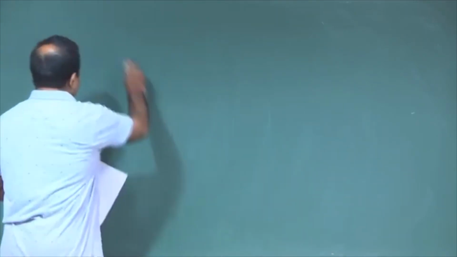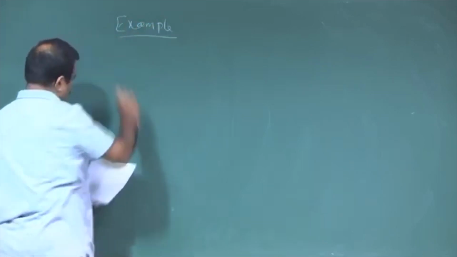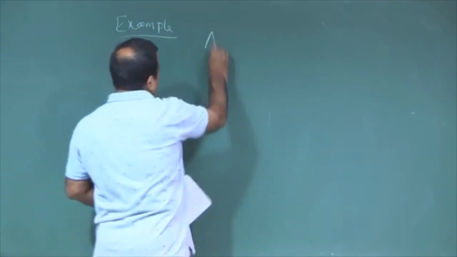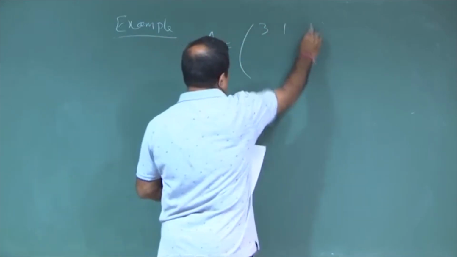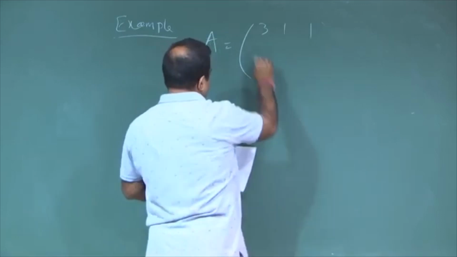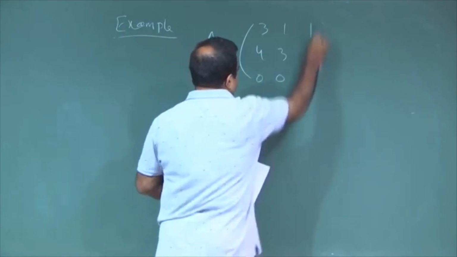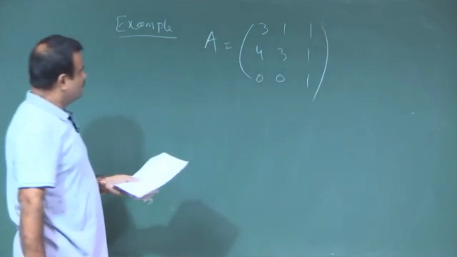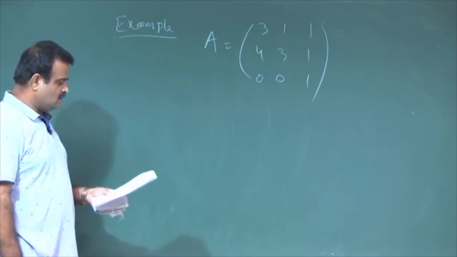Yeah, we take another example. Suppose we consider this matrix A, which is again a 3 by 3 matrix: 1 1 3; 1 1 4; 3 1 0 0 1. Okay, we want to check whether this is diagonalizable or not.